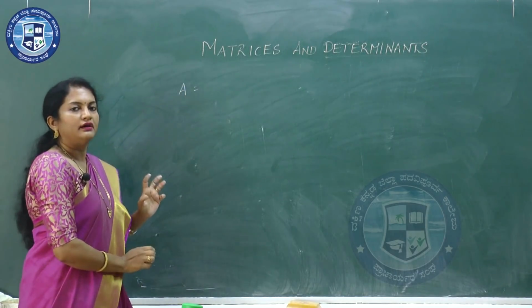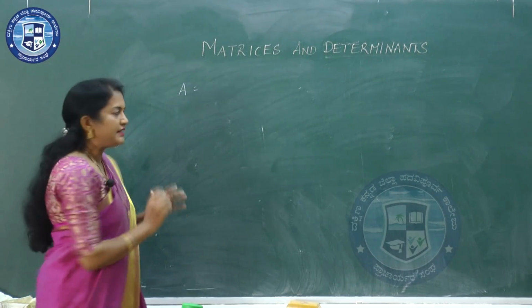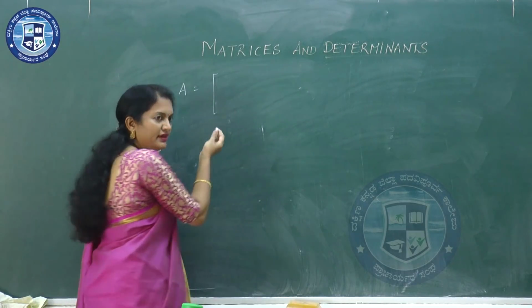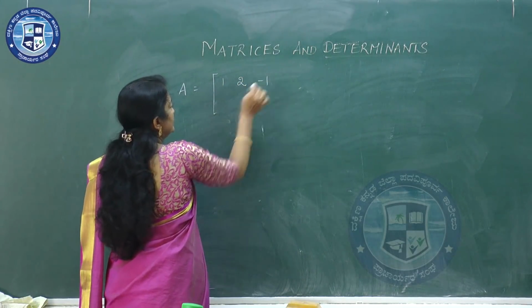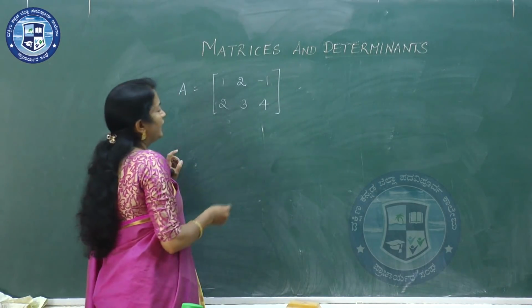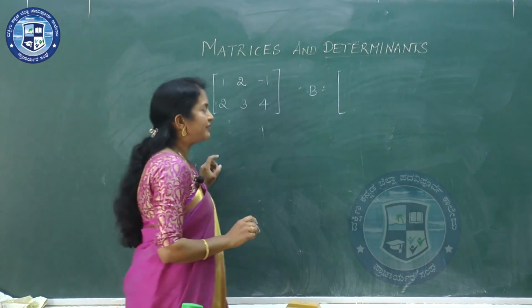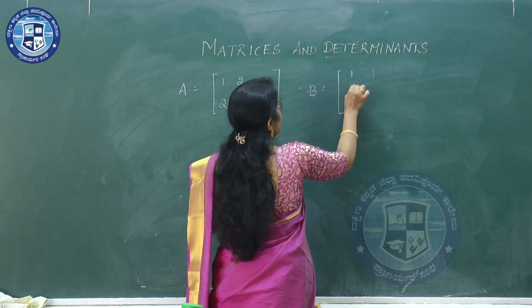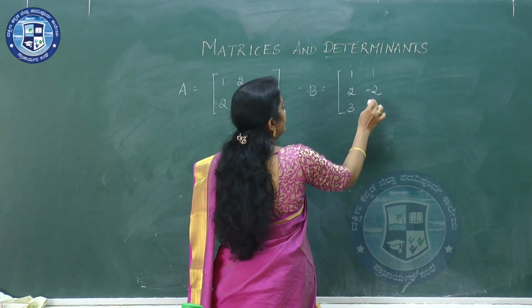Now I will take simple matrices so that you can understand easily. Let A be a matrix of 1, 2, minus 1, 2, 3, 4, and B is another matrix 1, 1, 2, minus 2, 3, 3.